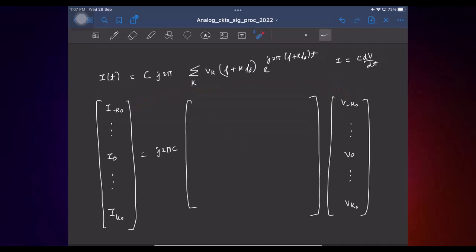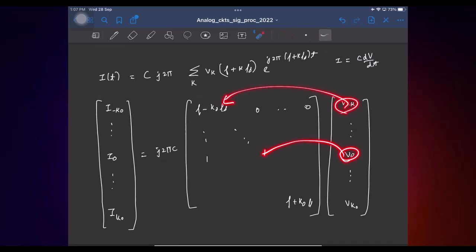It won't mix with any other terms. So it will only be diagonal, and you can find the diagonal to be the frequency component function. All others will be zero, because only this will go with this, V0 will go with f, and so on.